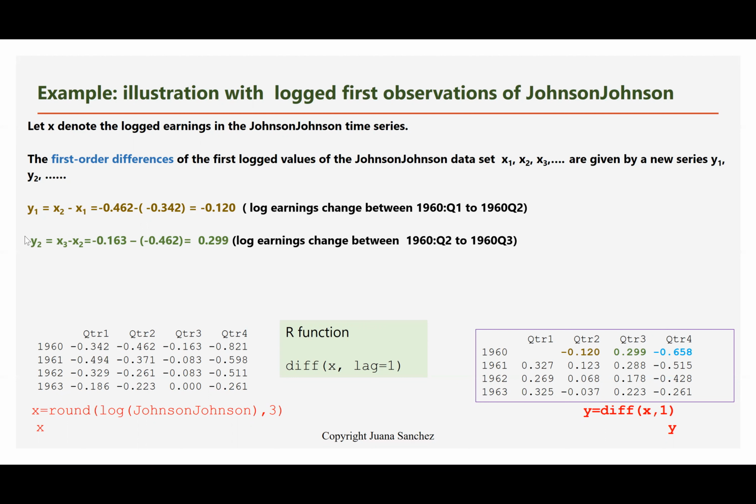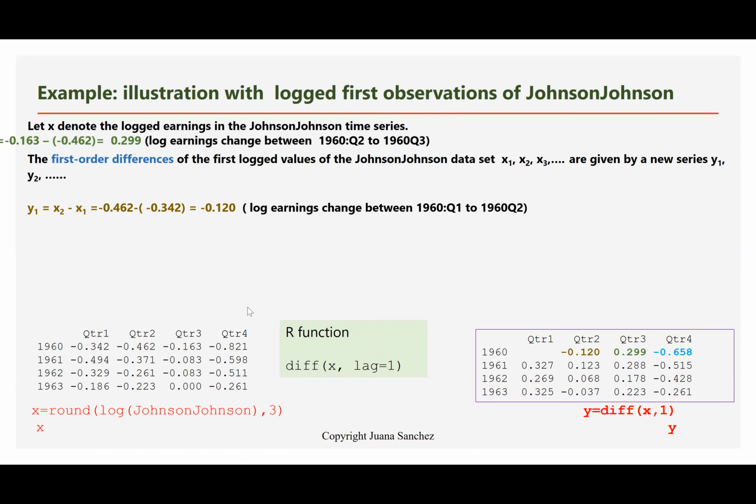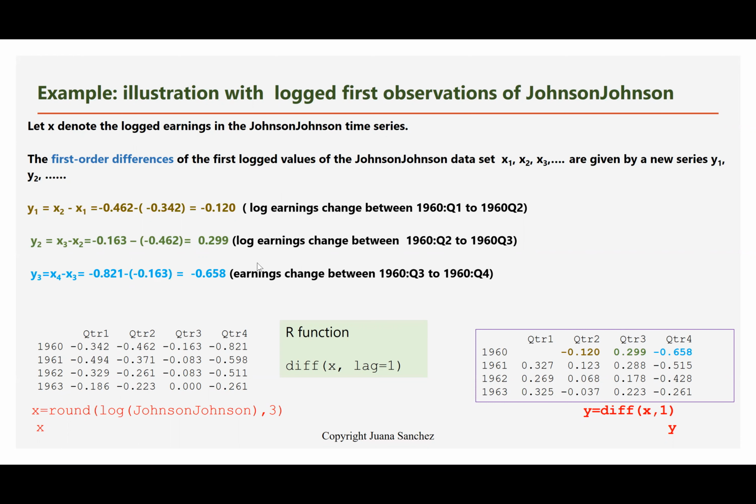If you do x3, which is the third observation in the log earnings, minus the second observation in the logged earnings, you're going to have the green observation in the difference time series. If you take the fourth observation in the logged earnings and subtract from it the third observation, so in other words, you calculate the change from Q3 to Q4, that gives you the blue value in Q4.